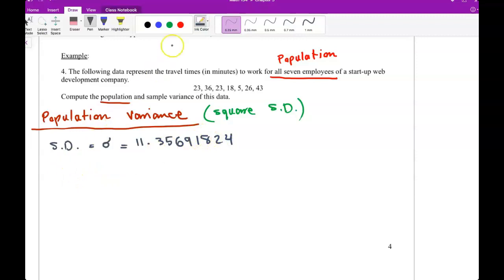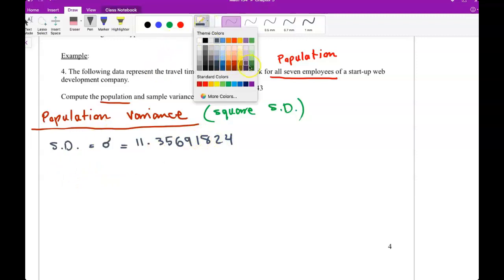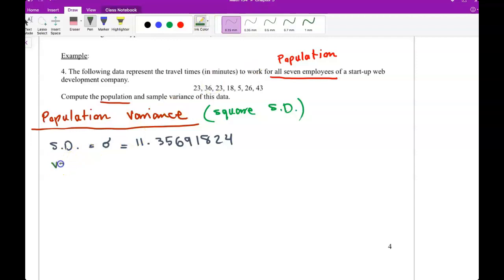Now finding variance, which is equal to the squared standard deviation. So exactly this number on top, squaring that.